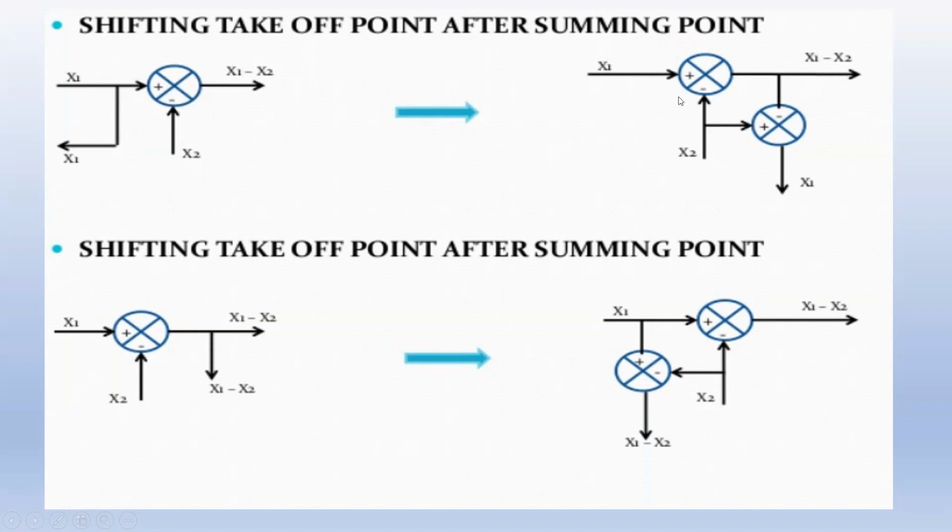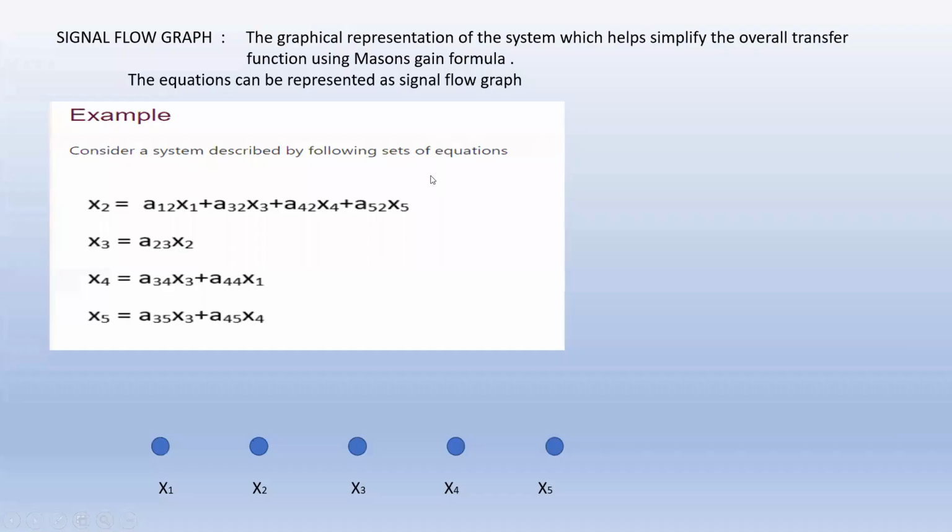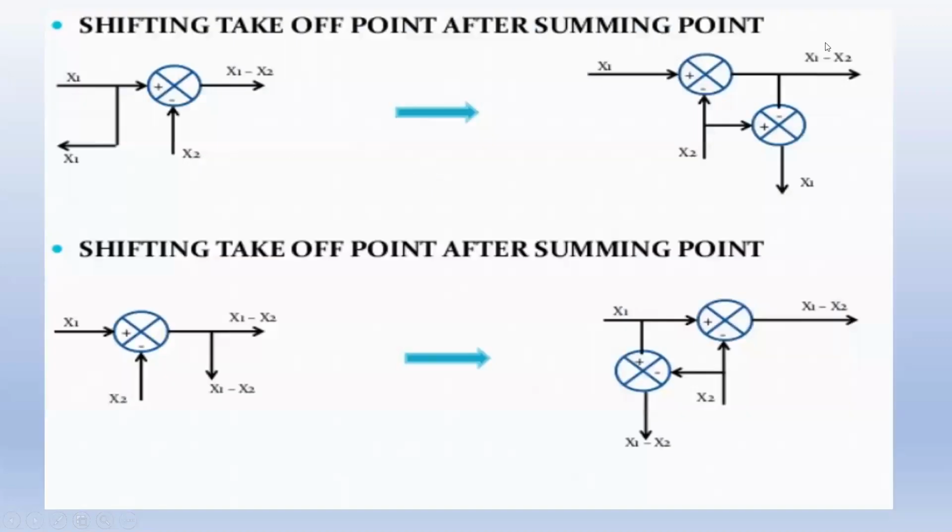If we shift this summing point to the left side, before this takeoff point, we can have something like this. The summing point over here is shifted to here, and this is the x2.